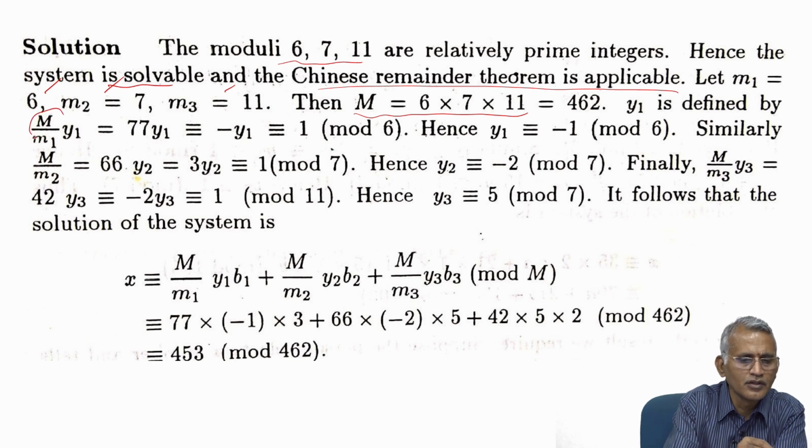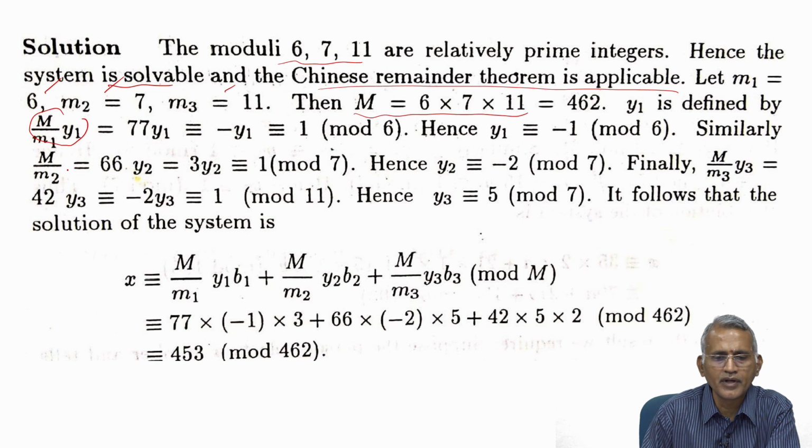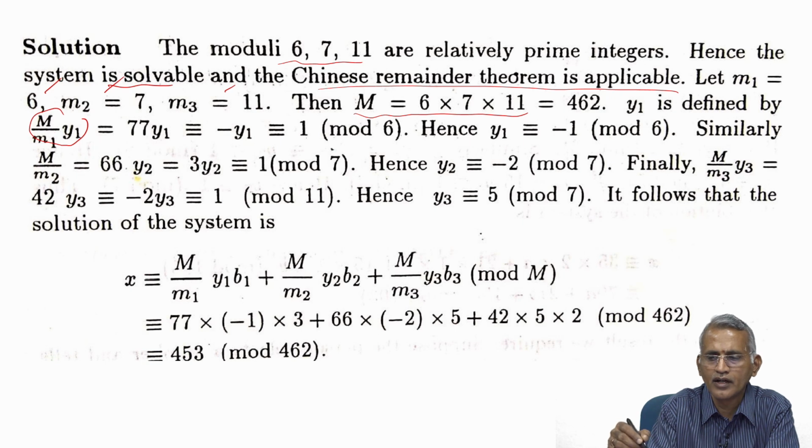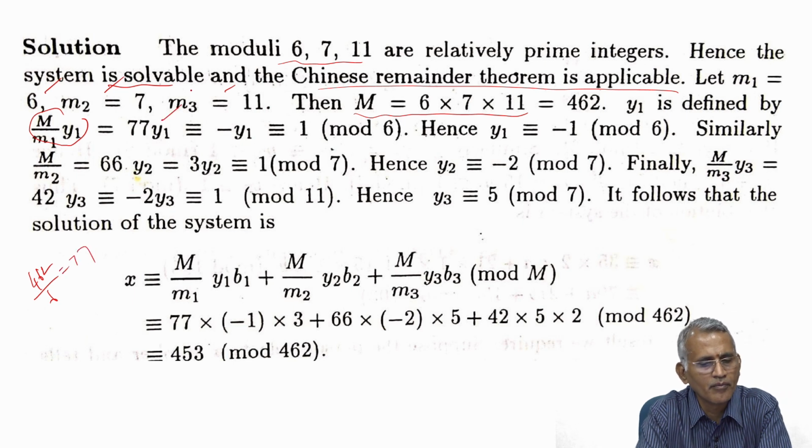So, capital M is 462 divided by m1, which is equal to 6. Therefore, divide 462 by 6. So, the resultant is 77. So, that 77 y1 will come.